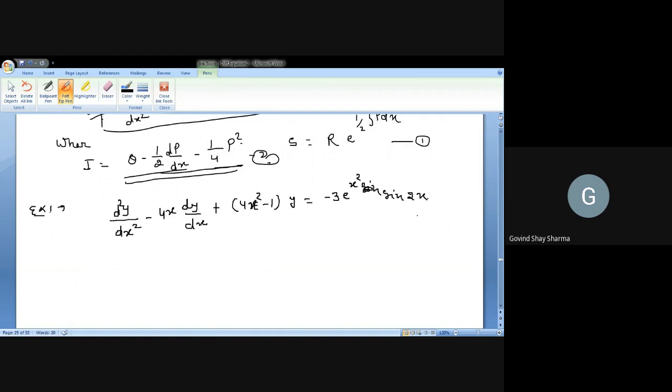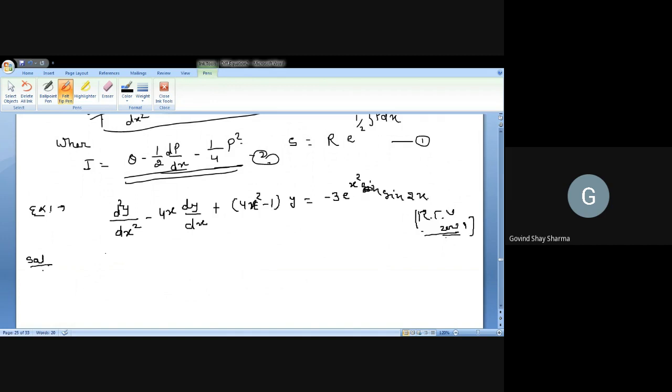This is the question of exam. This question was asked in Rajasthan University exam 2000.